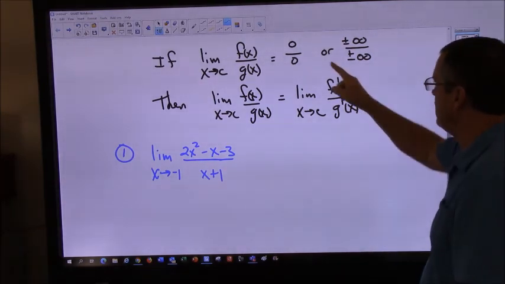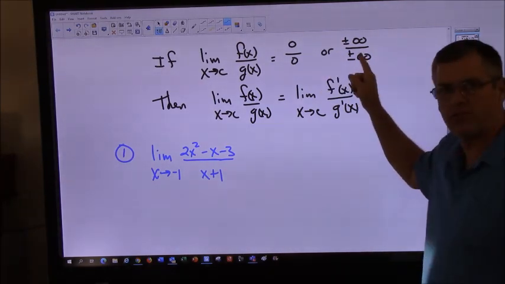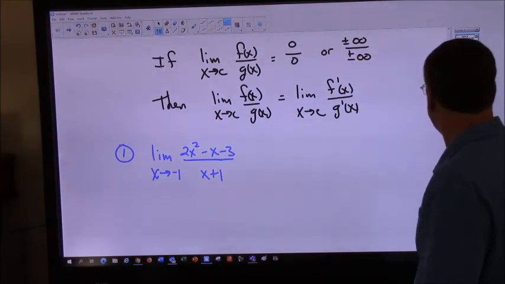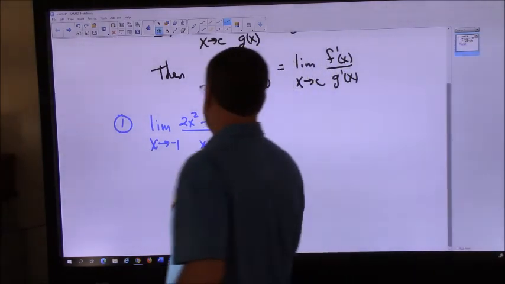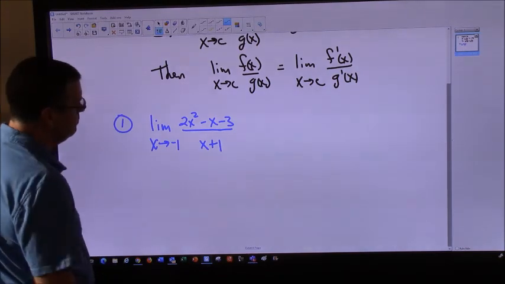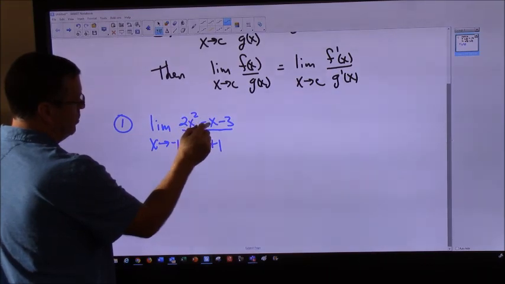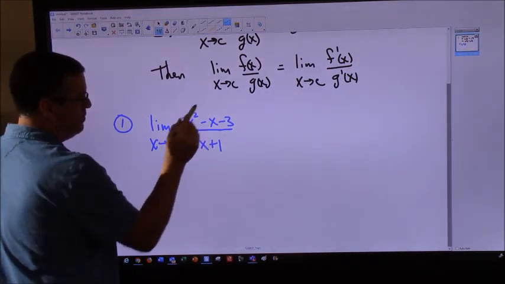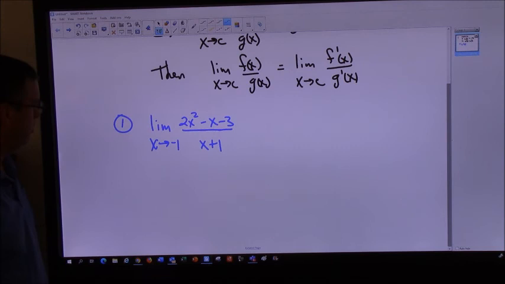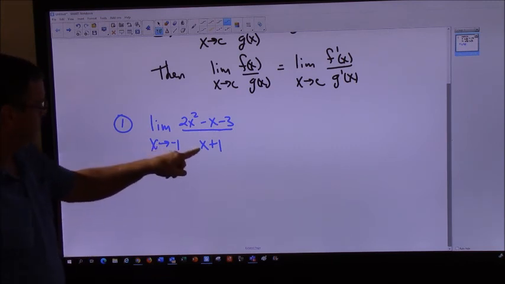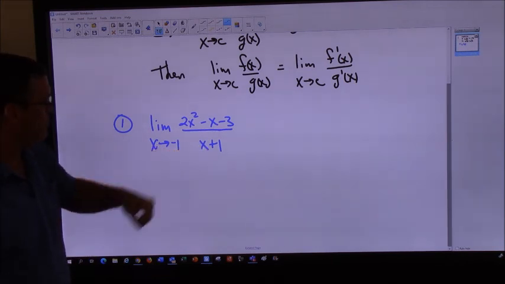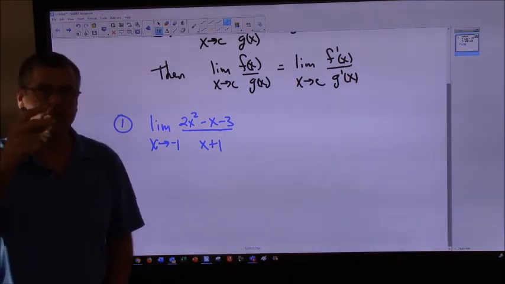I got to make sure I get one of these two things for an answer in order to use this rule. So if I plug in a -1, I'm going to get positive 1 times 2, that's 2, minus a -1, that's 3, minus 3, that's 0. And if I do the same thing here, plug in a -1, I get 0. So I did get 0 over 0.